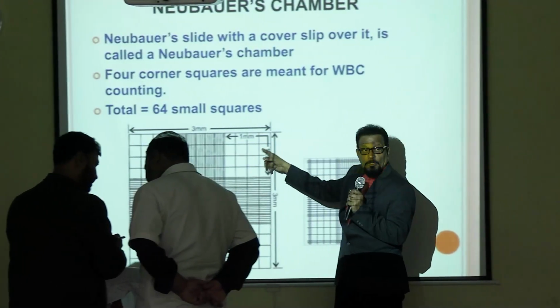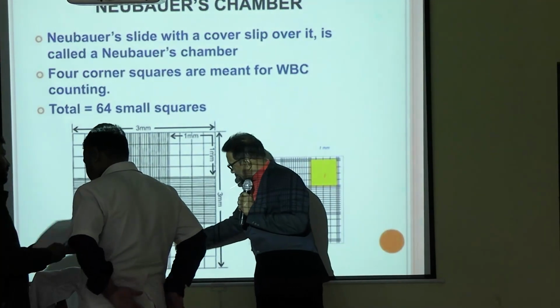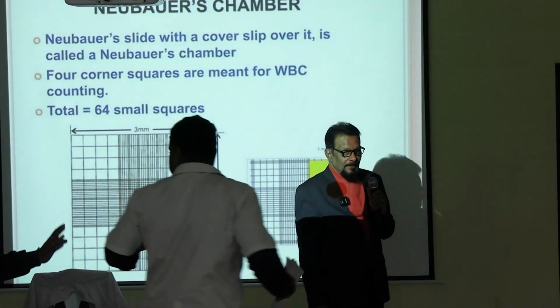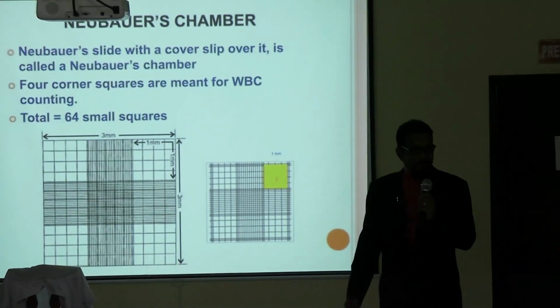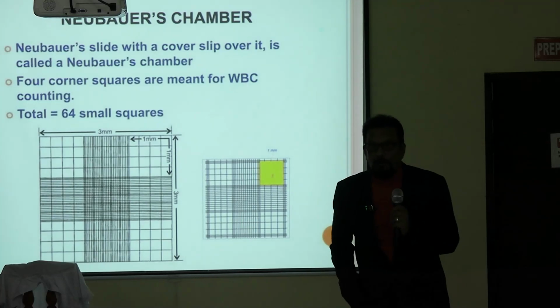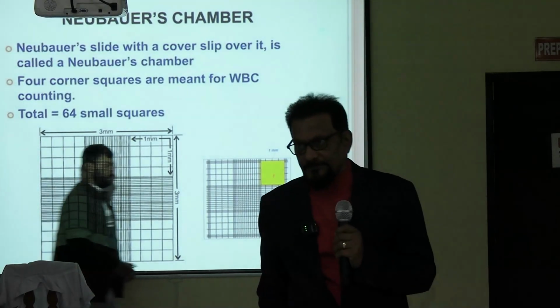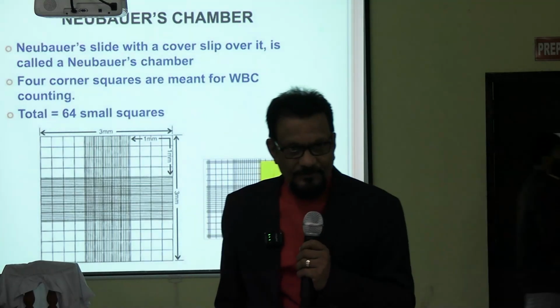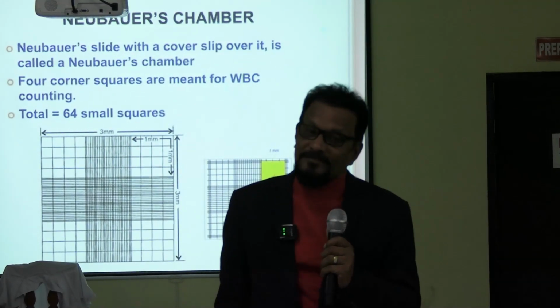There is another corner here, upper right corner. Another corner here, lower right corner. And there is the lower left corner. So you have to count all these 4 corners. How many smallest squares are there?